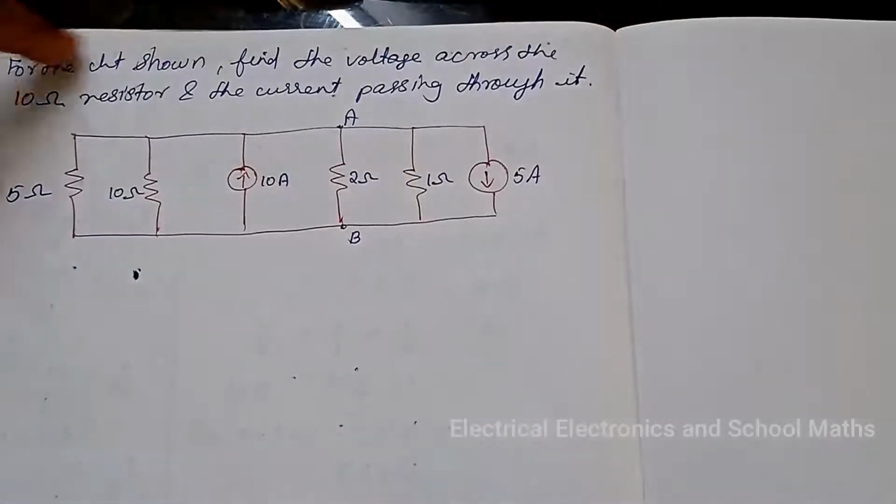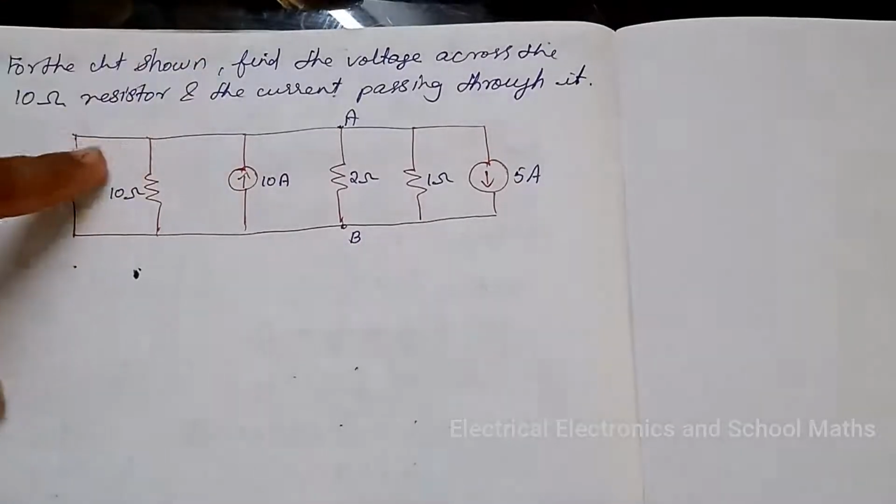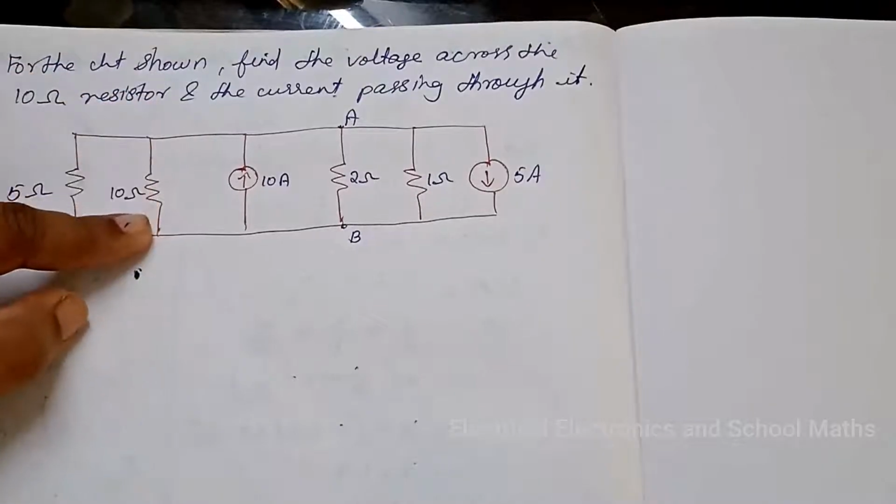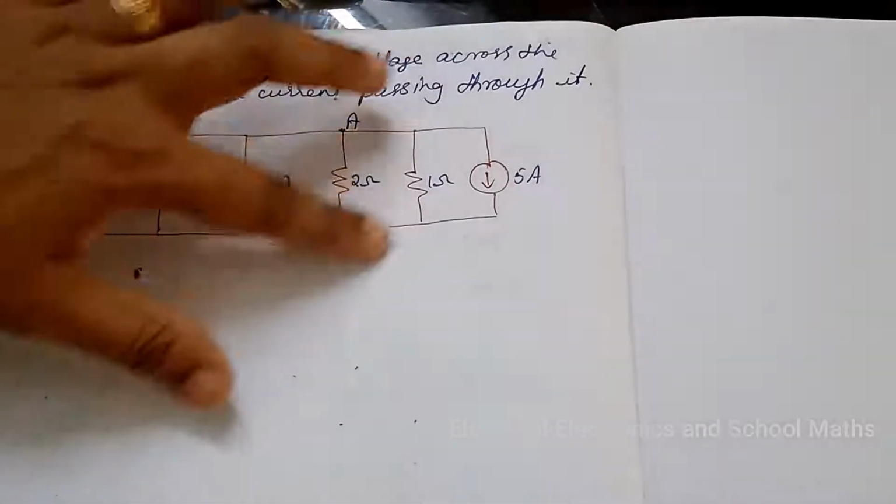Next problem. For the circuit shown, find the voltage across the 10 ohm resistor and the current passing through it. So this is the circuit.